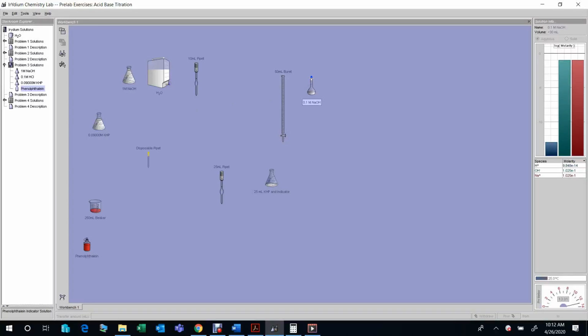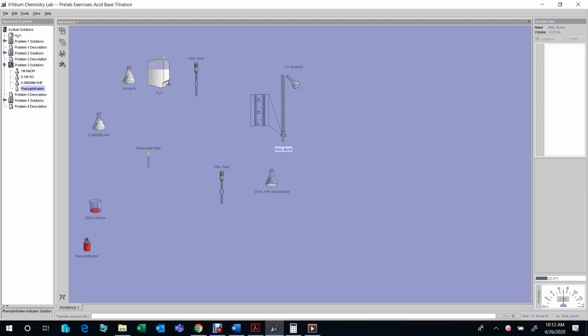Even though we want to fill the 50 milliliter burette, when we do the transfer we cannot input 50 milliliter, because this pouring through a beaker is not very accurate, and it's very likely we'll overshoot if we input 50 milliliter here. If we input the transfer amount to be 50 milliliter, so the system will suggest we use.